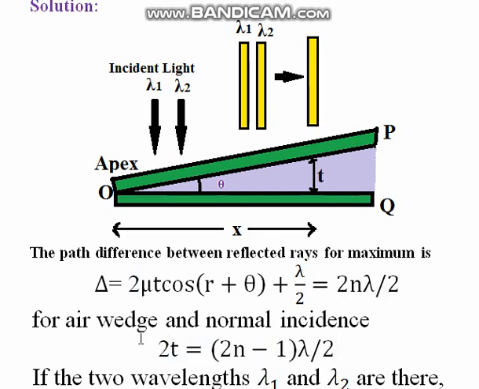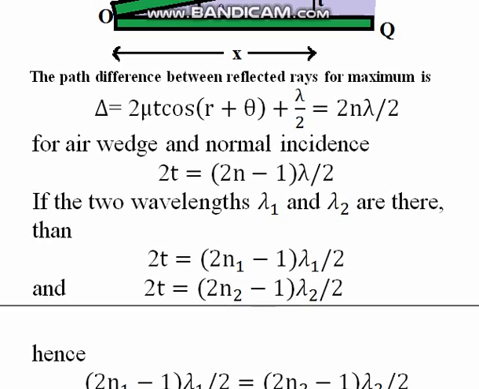There is an air wedge, so mu is equal to 1, and for normal incidence r and theta are approximately 0, so cos r is equal to 1. So here there is only twice t is equal to twice n minus 1 lambda by 2, because lambda by 2 is transferred to this side. So now this is the general expression.